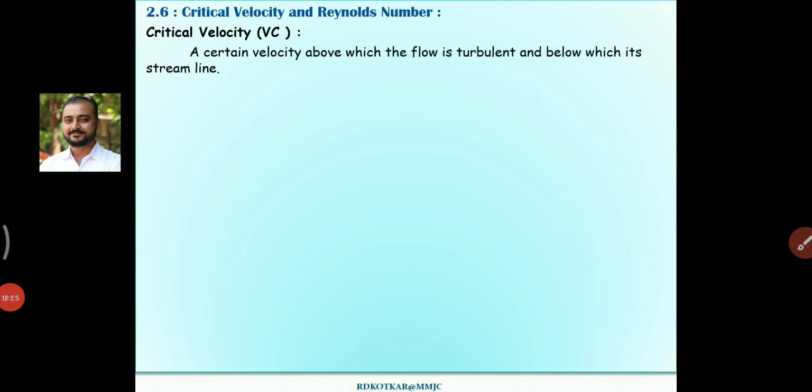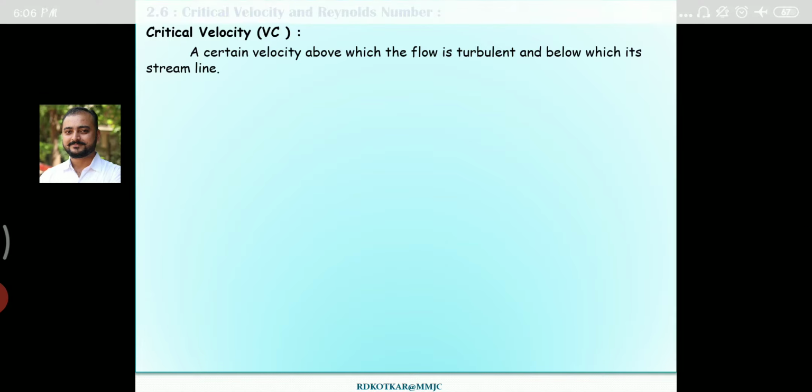The next point is critical velocity and Reynolds number. Critical velocity is denoted by Vc. So what is the critical velocity? It is a certain velocity above which the flow is turbulent and below which it is streamline.